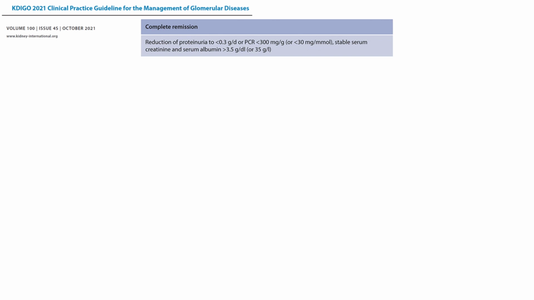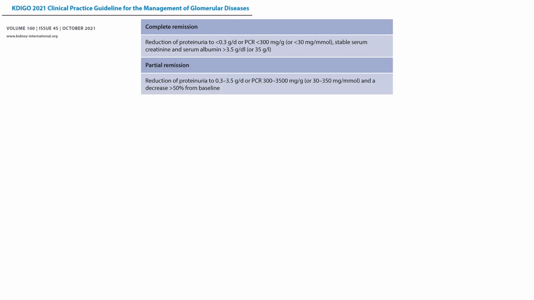Again, as we mentioned in the minimal change lecture, here we will mention also the definitions rapidly of the different response status. Complete remission means that the proteinuria reduced less than 0.3 gram per day, and serum creatinine is stable, and serum albumin is more than 3.5 gram per deciliter.